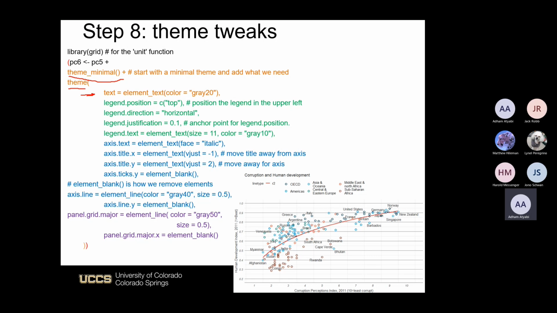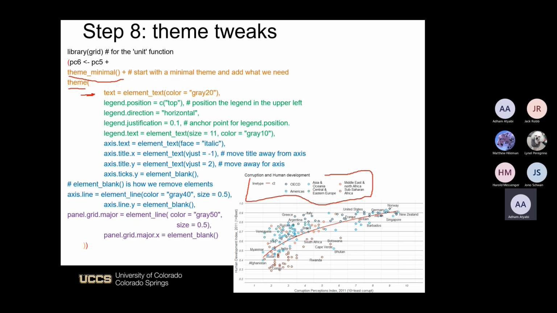Then we set the legends by setting the position to top, changing the legend direction to horizontal, and doing the legend justification, setting it to 0.1, which is going to anchor the point for the legend position, and then setting the legend text to element text with size of 11 and color of gray 10, which is giving us this effect that is exactly what we had on the original plot.